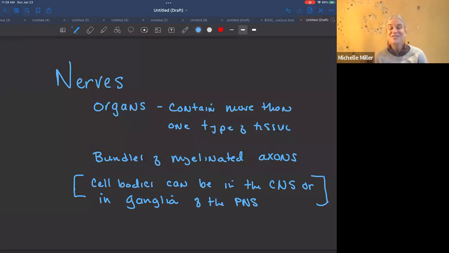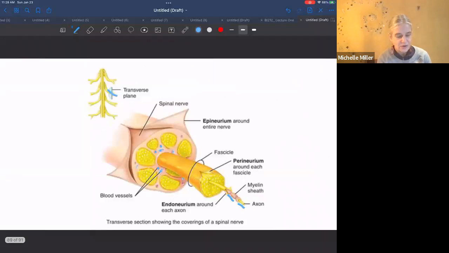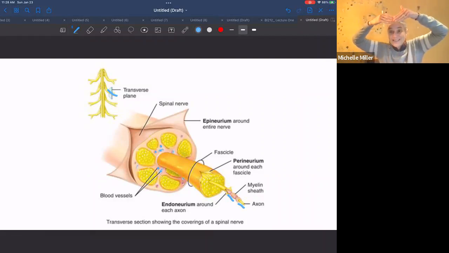Okay, so we have nerves that contain both motor and sensory fibers, for example, the spinal nerves. Coming off of the spinal cord, we have these spinal nerves, and then the nerves branch into smaller and smaller nerves, and then they sometimes come back together and form what are called nerve plexuses.